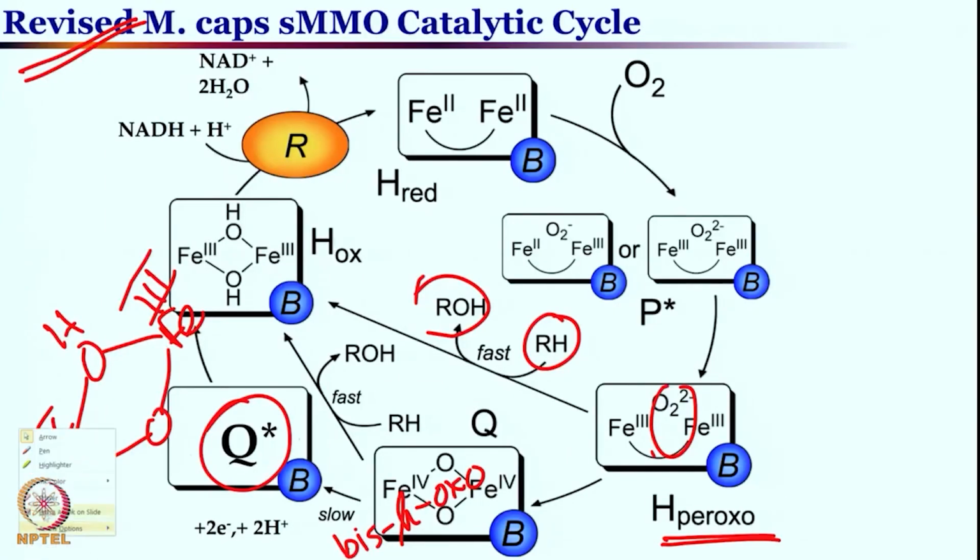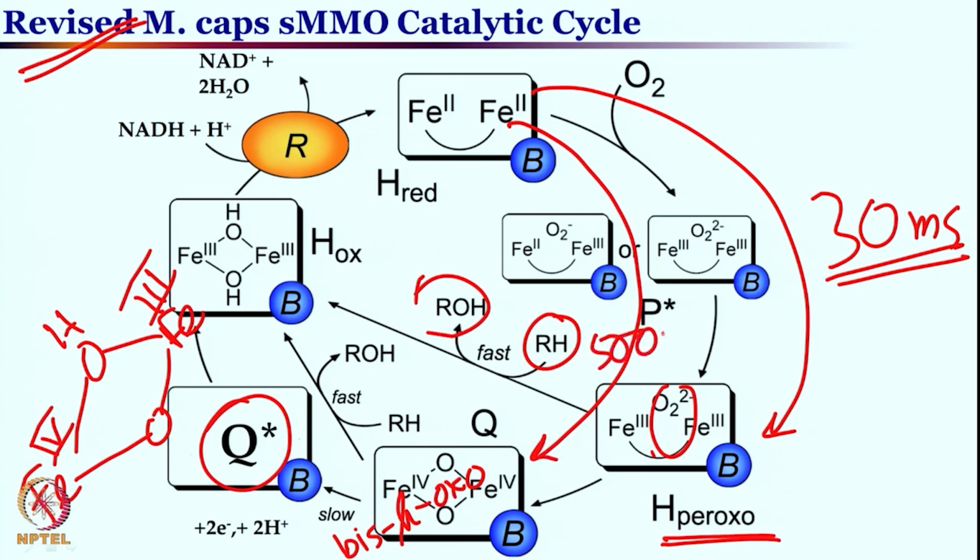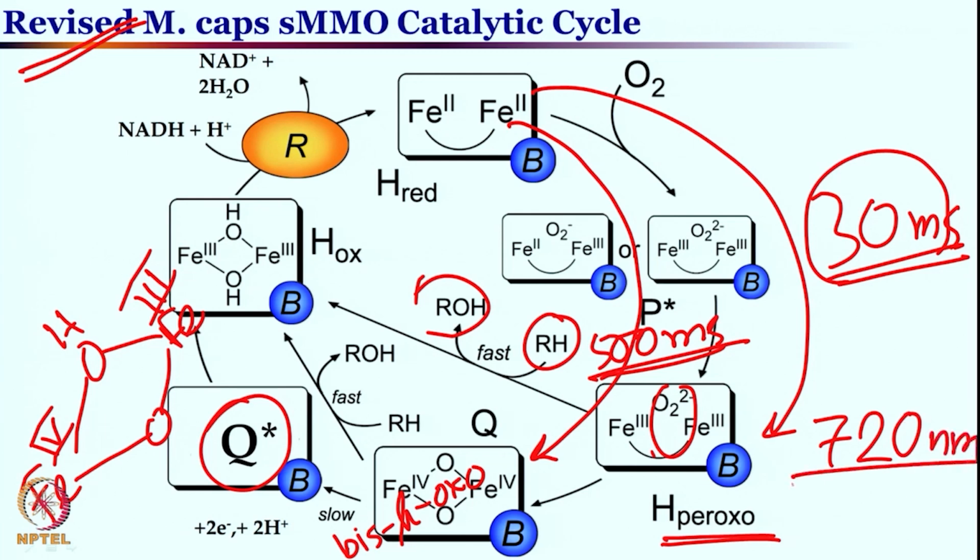If you are following overall up to here, this is a 30 millisecond time frame, right. If you are following overall from here to here, this is a 500 millisecond time frame. So this intermediate forms if you follow at 30 milliseconds. If you mix oxygen with this reduced species within, or right at, 30 milliseconds, you can follow what happens to this, what the decomposition product is, and this has a characteristic band around 720 nanometer.